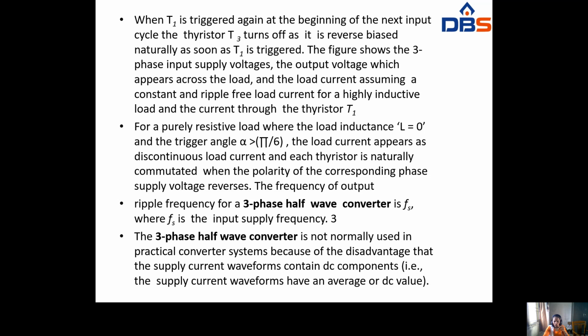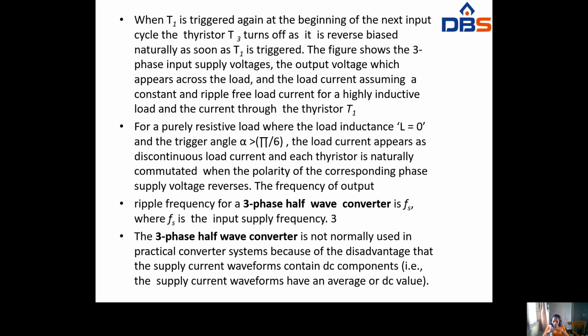For a pure resistive load, where the load inductance is 0 and the trigger angle alpha is greater than pi by 6, the load current appears as a discontinuous load current, and each thyristor is naturally commutated when the polarity of the corresponding phase supply voltage is reversed.